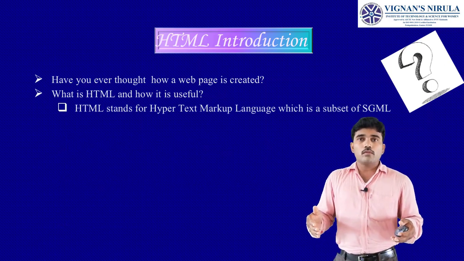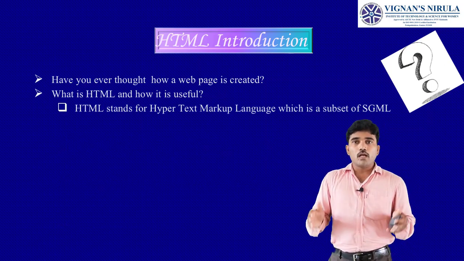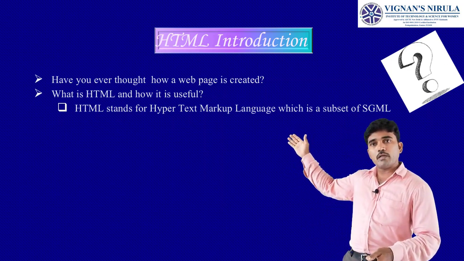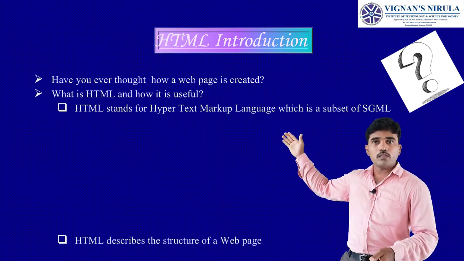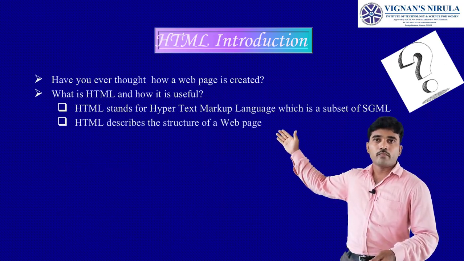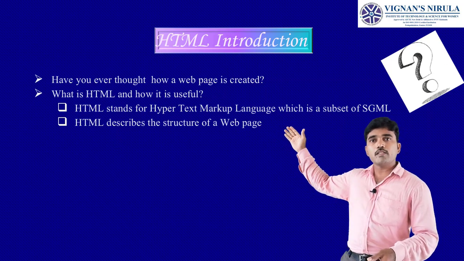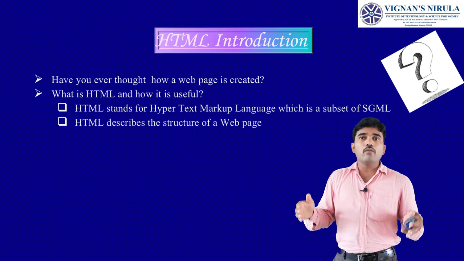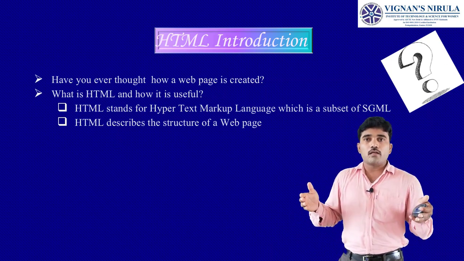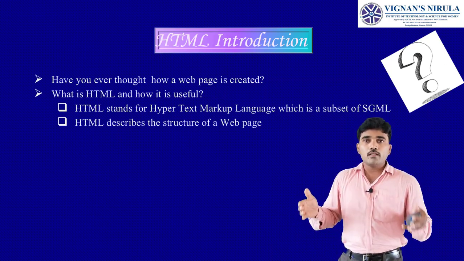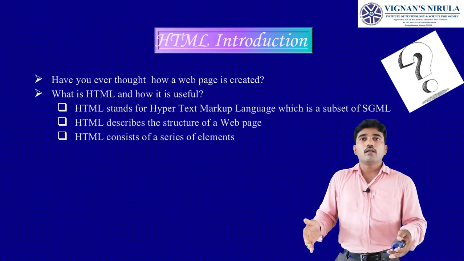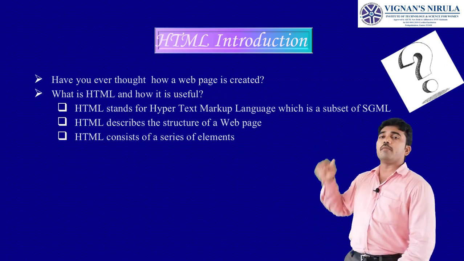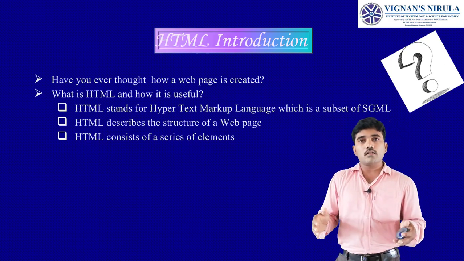So how is HTML useful and what does HTML stand for? HTML stands for Hypertext Markup Language. And this HTML describes the structure of a web page. It means how a web page is structured, that structure is described by HTML. And HTML consists of a series of elements or a series of tags.